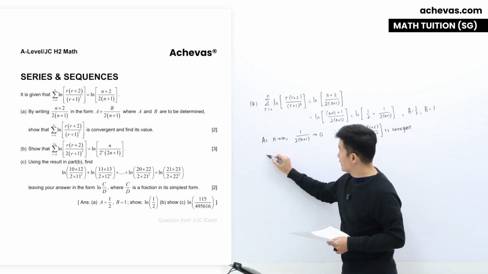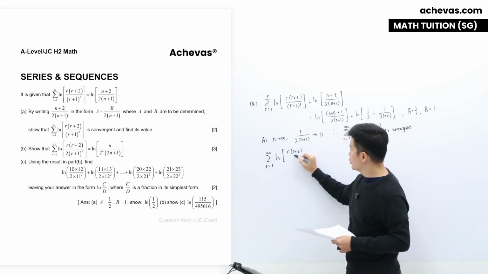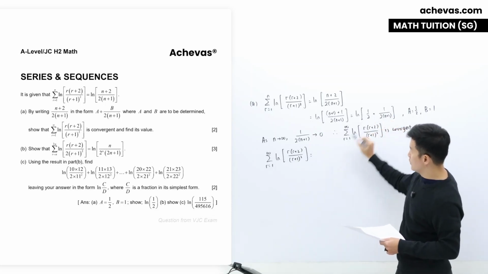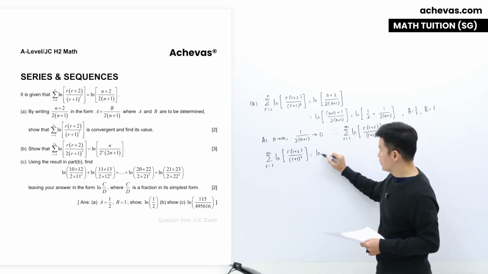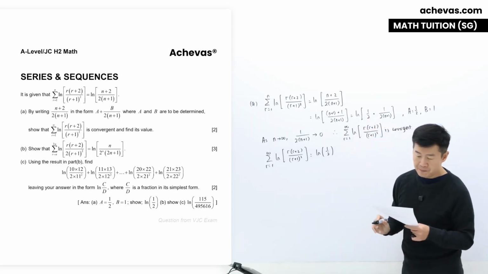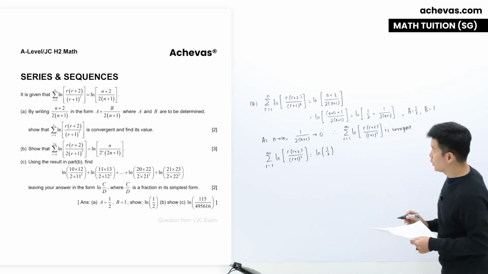So let me rewrite this again. Summing from r equals 1 to infinity of ln of (r plus 2) over (r plus 1) squared is equal to, this will become 0. So my result here is simply ln of half plus 0. So ln half. Okay, this is for part A of the question.